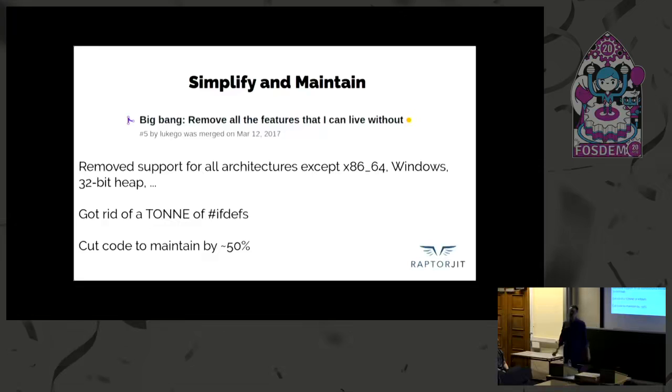It removed support for all architectures except x86-64 because at the moment that's the only thing we care about and it's enough work maintaining one architecture. It removed Windows support and it removed LuaJIT's 32-bit heap mode. And this allowed us to get rid of a lot of ifdefs. We're trying to get rid of all ifdefs because we don't like ifdefs. And that resulted in a total code reduction of roughly 50%, which I think is a big win.